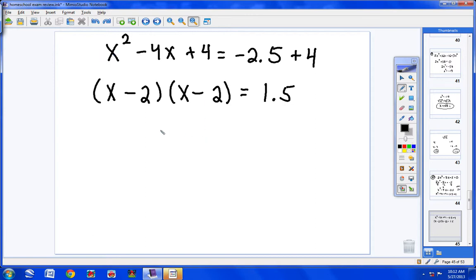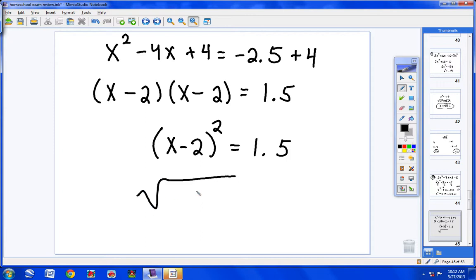The next step, you'll always have matching parentheses, so you write it like this: x minus 2, x minus 2. Now, the reason we do that is we have a whole group to the second power. Do you see that? You are more than welcome to take the square root of that whole group as long as you do it to the other side.